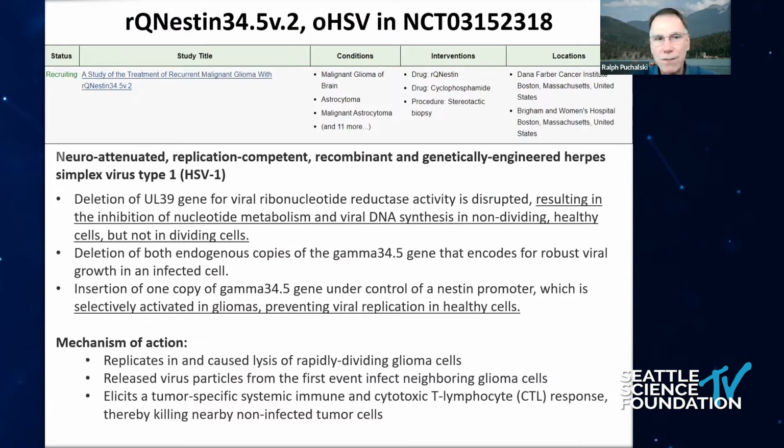It releases those virus particles after the first event, then it infects the neighboring glioblastoma cells. And this elicits a tumor-specific systemic immune and cytotoxic T lymphocyte response, and thereby kills the non-infected tumor cells.